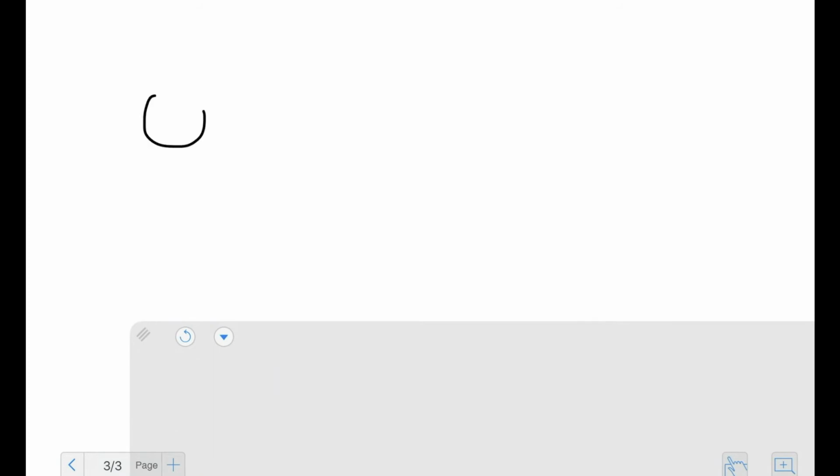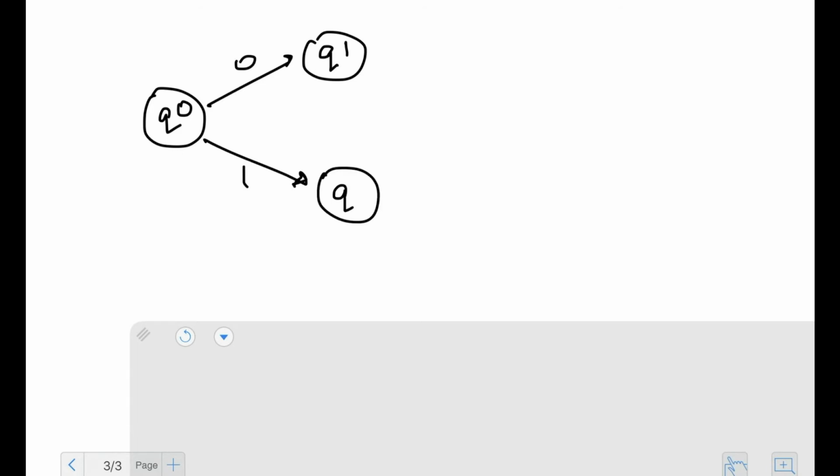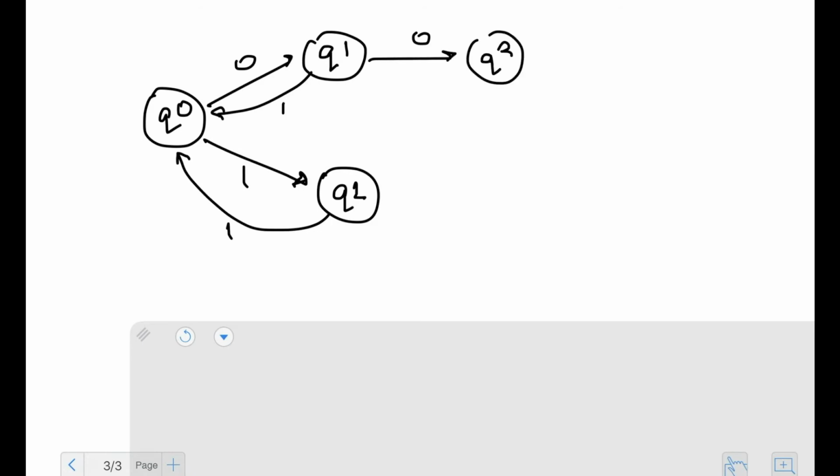So I have a state Q0, and on 0 this goes to Q1, on 1 it goes to Q2. Now once again Q1 and Q2 both come back to Q0 on a 1, and Q1 on 0 goes to a state Q3, and Q2 on 0 goes to Q4.